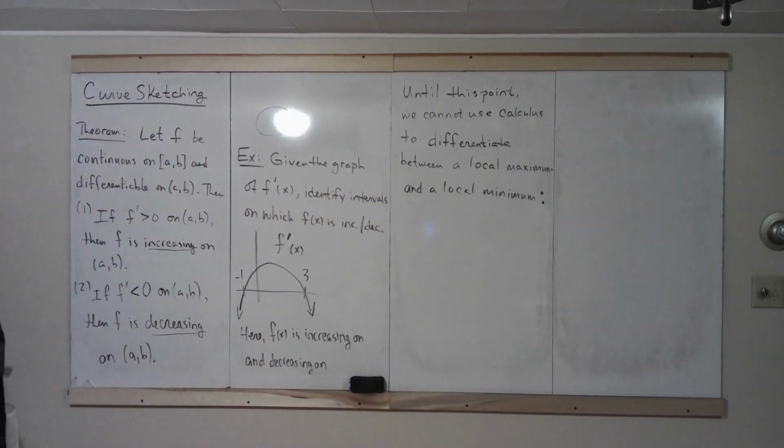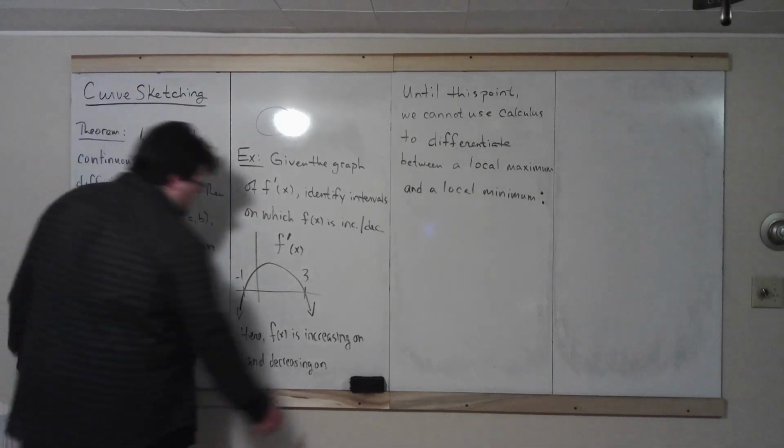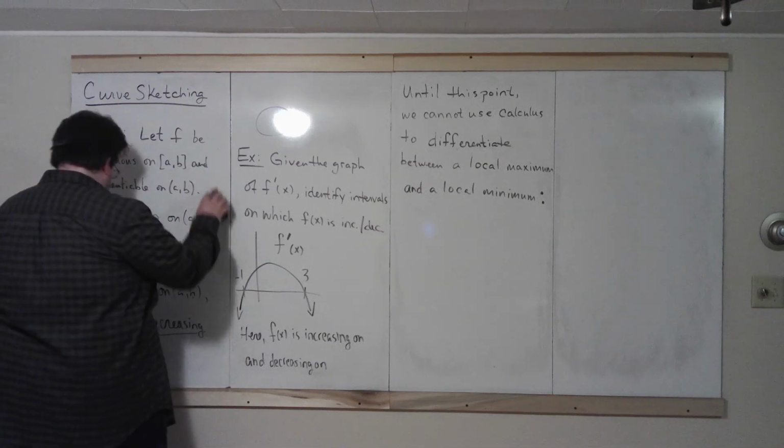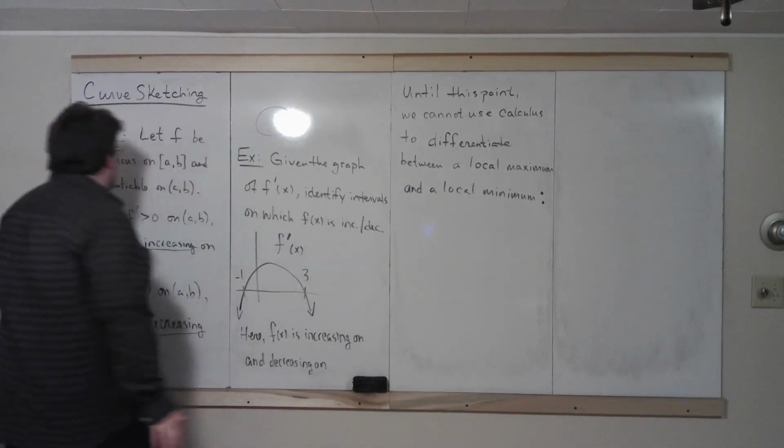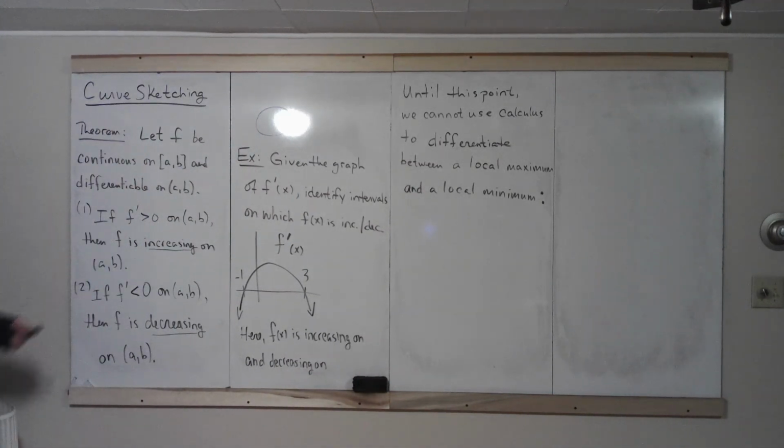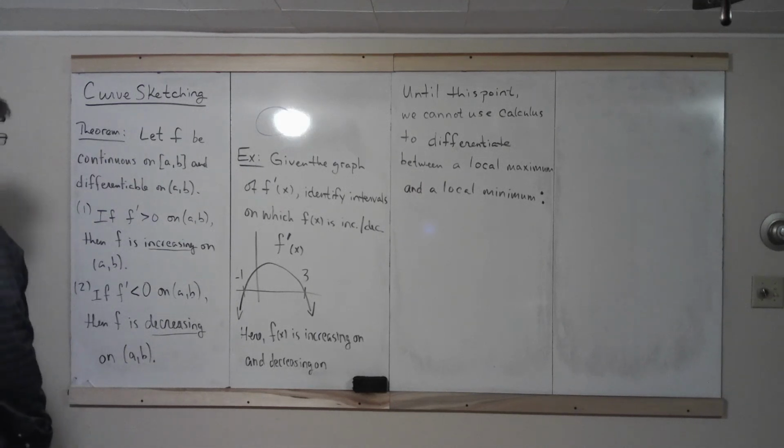And notice the form of these two sentences, 1 and 2, are if-then statements. Our assumption in both is an assumption on the derivative, and the conclusion in both is on the original function.